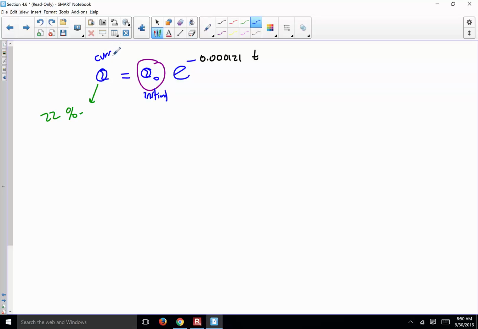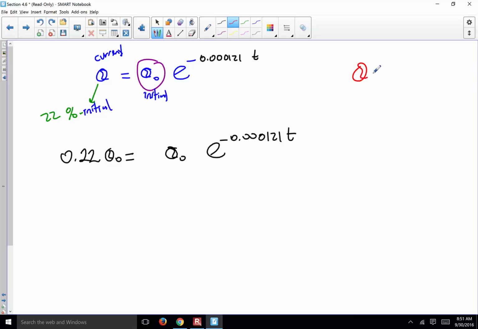Current one, this is the current one. The current one is only 22% of the initial left. Yeah, sorry. So can I say this Q is 0.22 of Q0 right now? Can I substitute it with this? Right? So Q is 0.22 of the past amount. The current one is 0.22 of the past. So I just substituted that.